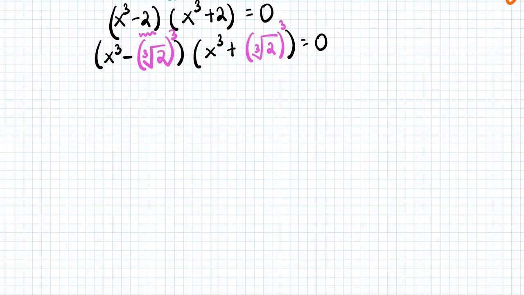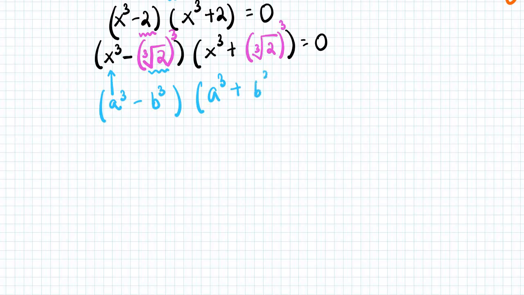Now continuing, this thing is a cube minus this inside thing, which inside the bracket is b cube. And this is a cube plus the same thing, b cube.